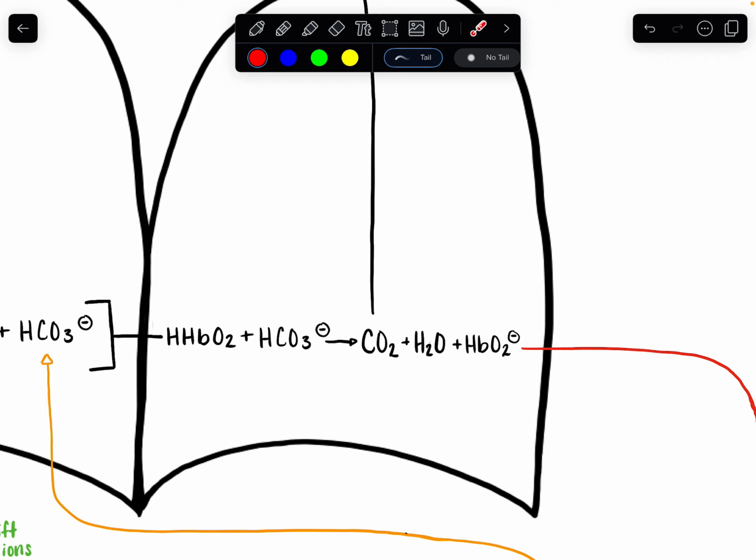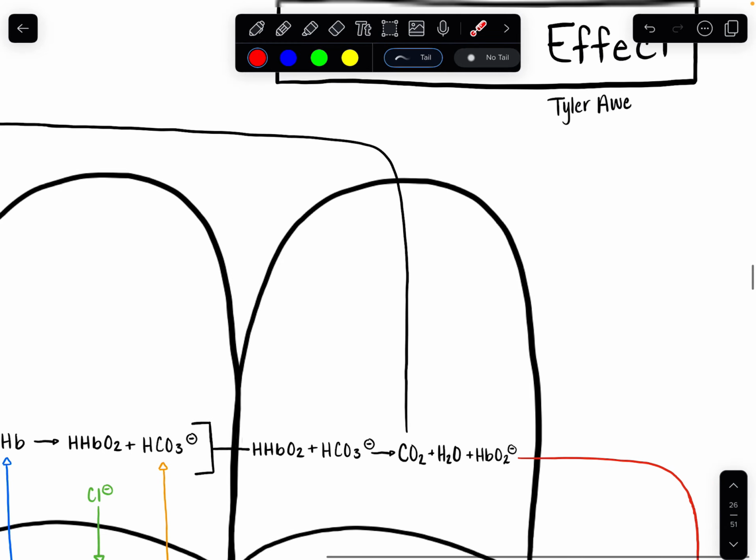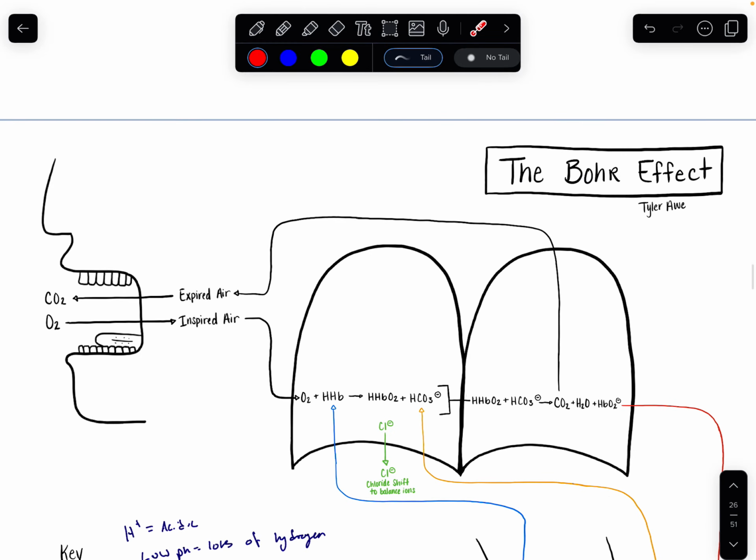As this reaction progresses, we form CO2, H2O, and we are only going to have oxygenated hemoglobin. This is what allows our oxygen to start going into our arterial blood and transport to our skeletal muscles. And as you can probably tell, when that CO2 gets released from that HCO3, we're just going to breathe it out.